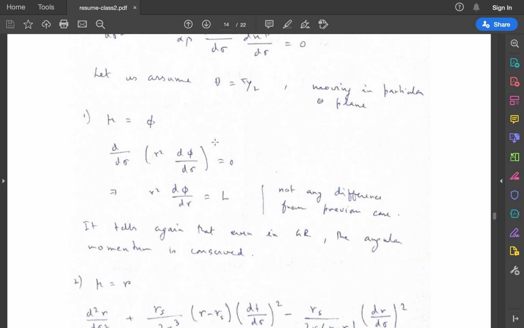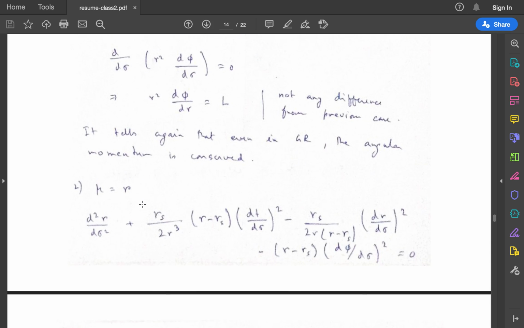This is the old equation, even obtained from the Newtonian case, which tells us that phi dot is some constant L, and L is nothing but the angular momentum. It also tells us that even in GR, this angular momentum is conserved. We just mentioned that this remains the same as the Newtonian one.